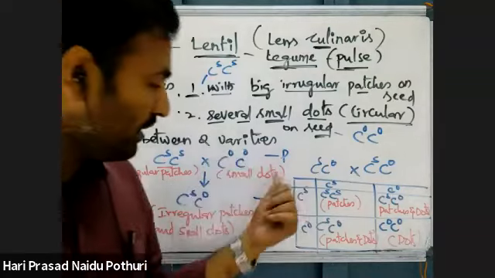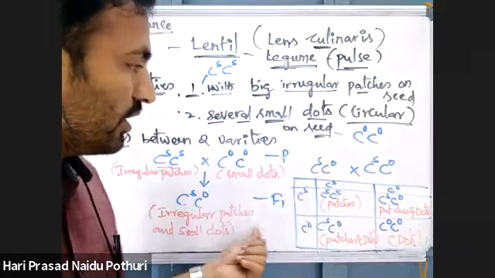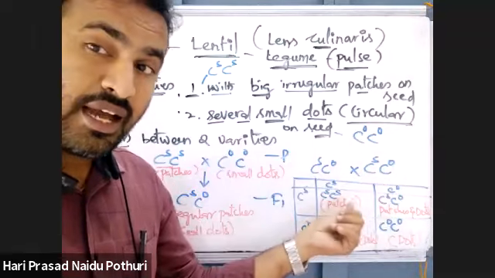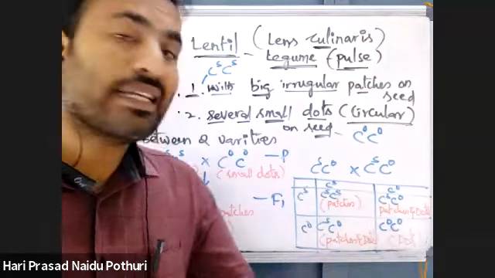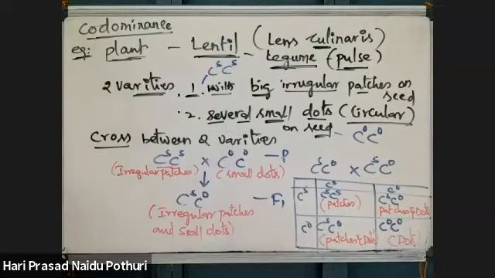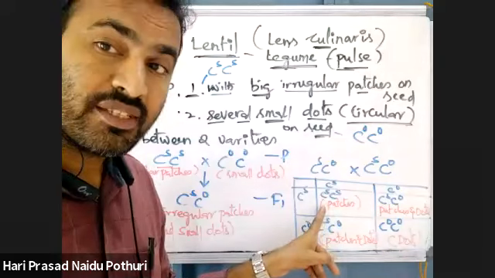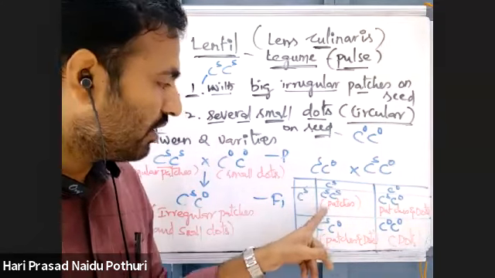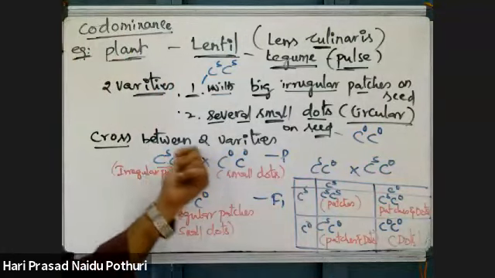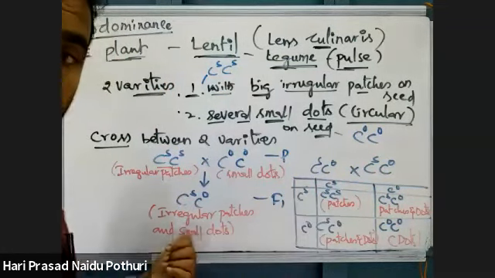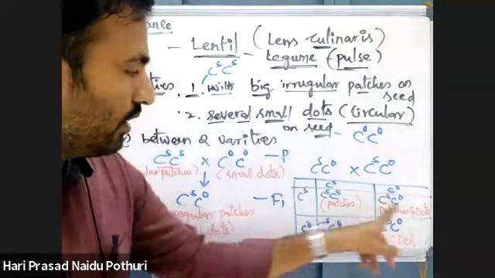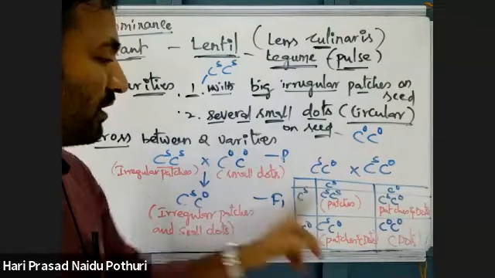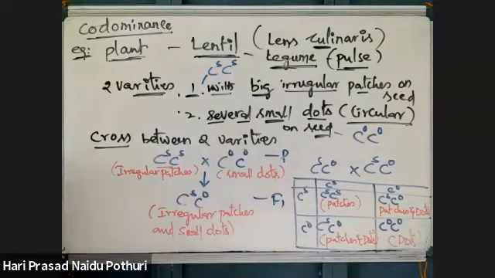But when these F1 hybrids are selfed, again the characters segregate in 1:2:1 ratio. The dominant parent combination is formed 1, F1 type progeny are formed 2, and the recessive parent type is formed 1. So codominance is again showing 1:2:1.